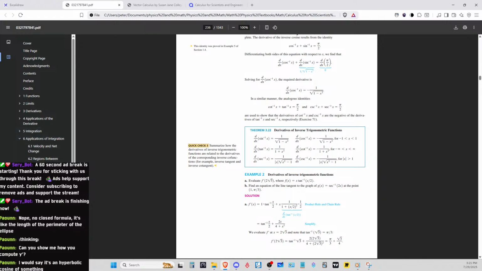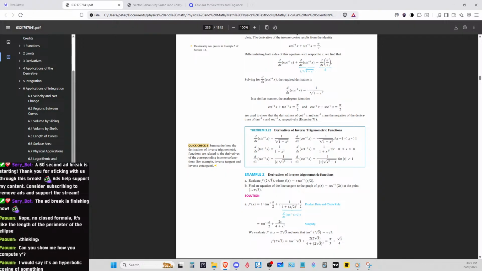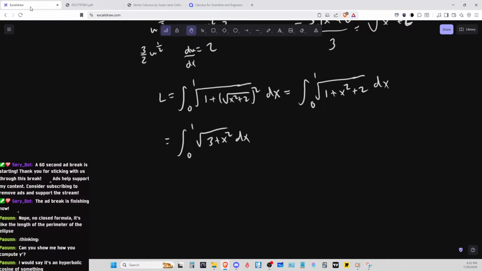Substitution rule. Integration applications. Yeah, the square root always makes it harder. Jeez. If there was no square root, then basically we could just solve it regular.